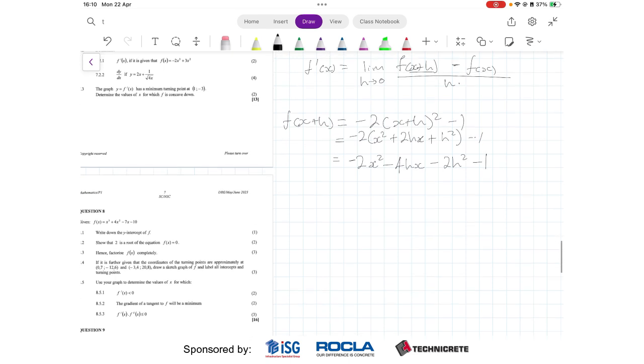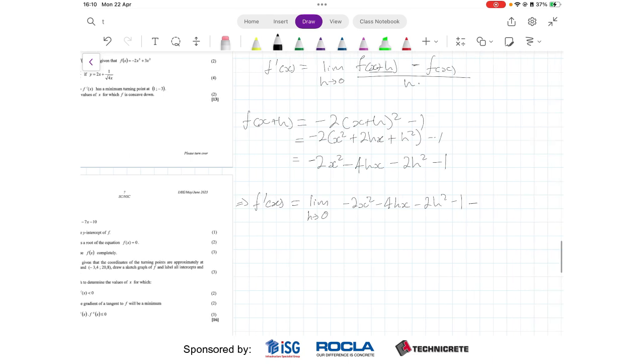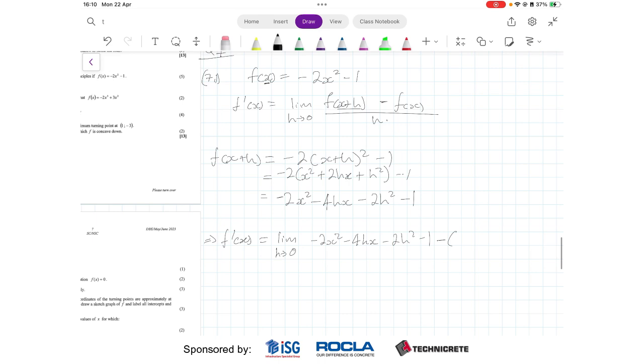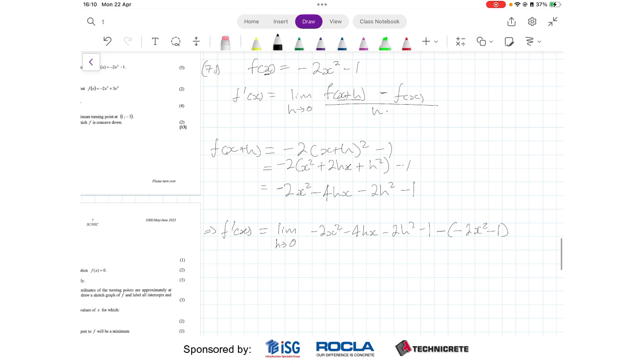Right? Now, substituting this into our formula, f prime at x is given by the limit as h tends to 0 of minus 2x squared minus 4hx minus 2h squared minus 1, minus the entirety of f at x, which you substitute in there, all divided by h.